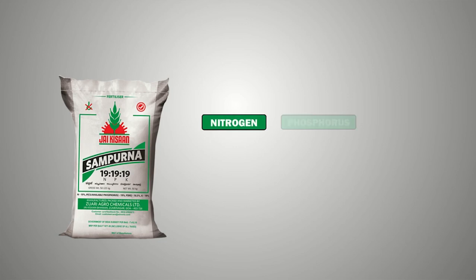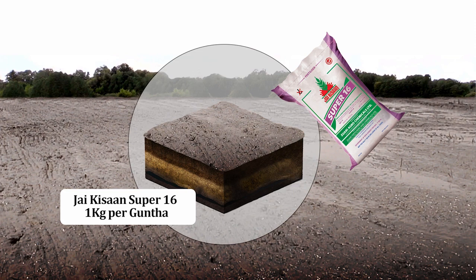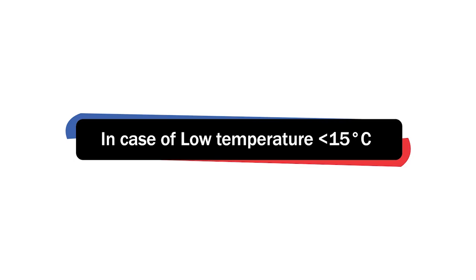Jai Kisan Sampurna has the composition of nitrogen and phosphorus and potassium in the ratio of 19-19-19. Additional fertilizer, which is Jai Kisan Super 16, can also be added at the rate of 1 kg per 2 guntha, which is for the entire nursery, in case of low temperatures, which is less than 15 degrees Celsius.